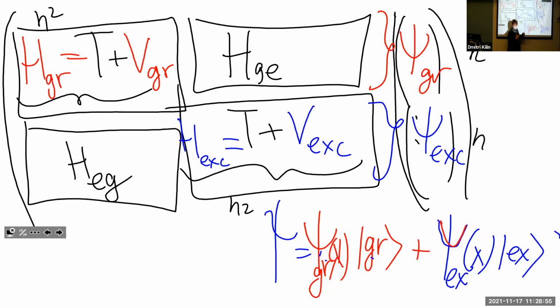They need to be set up as a product. But since there is more than one potential energy surface, we have two products: ground state electronic function times vibrational function for the ground state, plus excited state electronic function times vibrational wave function for the excited state.